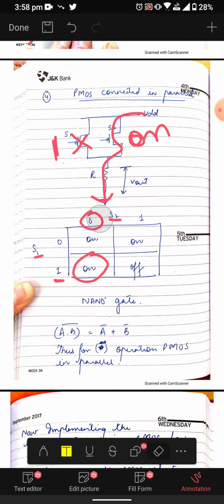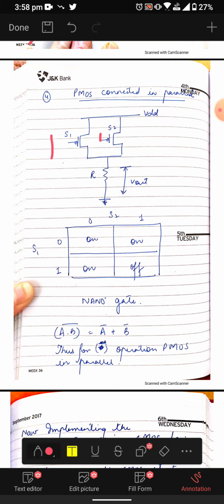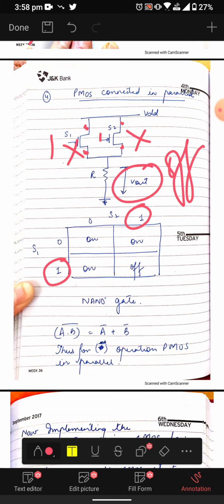But if I give both the inputs as 1, 1 on S1 and 1 on S2, both the transistors will be off and we will get open circuit across both the transistors. So Vout will be off. That is what I have written over here.